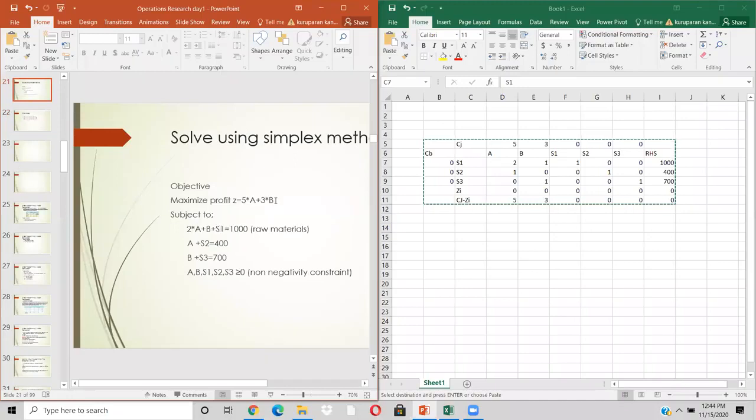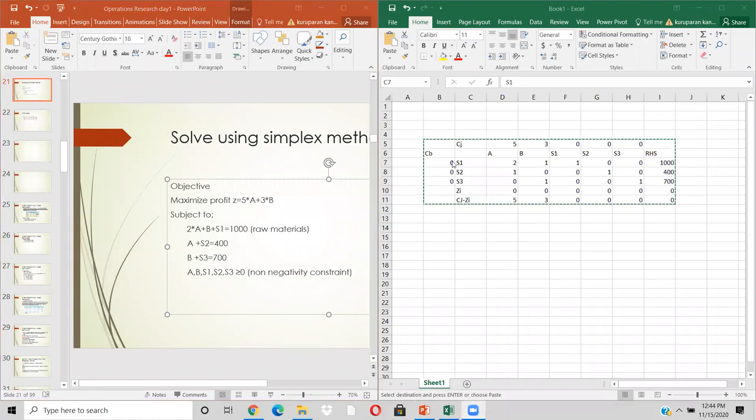For S1, what is the coefficient in the objective function? Guys, see the objective function, whether this one has S1 or not.